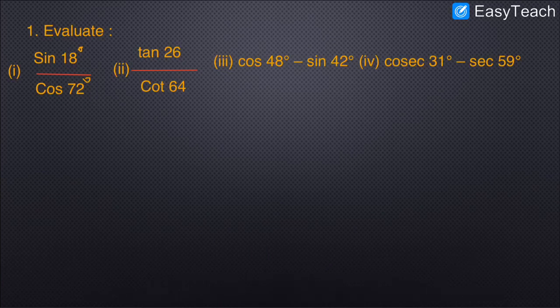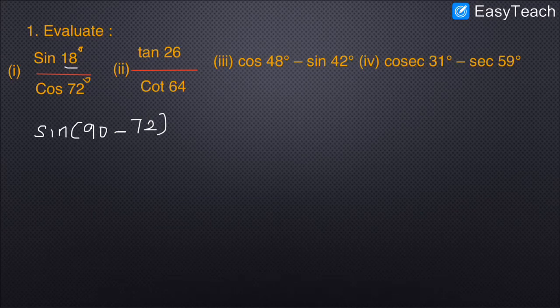So first I take the first question, sine 18 degree. Sine 18 degree, I can write as sine 90 minus 72. I just split the 18 as 90 minus 72. Make sure you always subtract from 90, so then only we can use the complementary angles, right? Okay. Same for cos 72: how to split the 72? 90 minus 18 is 72.